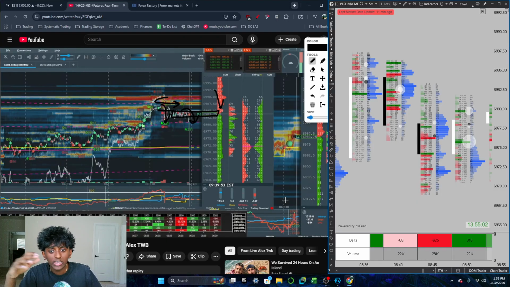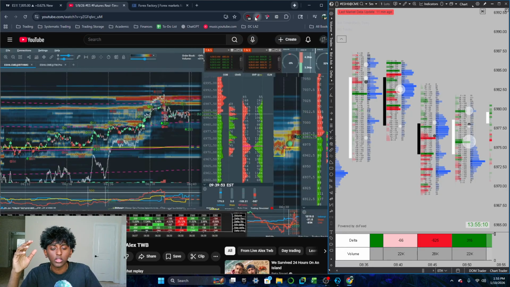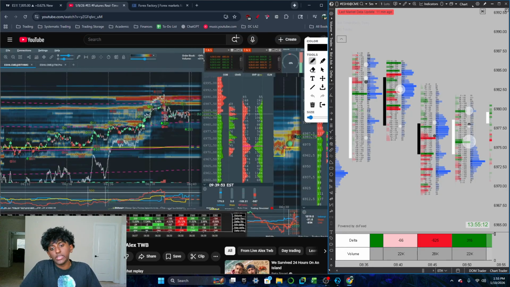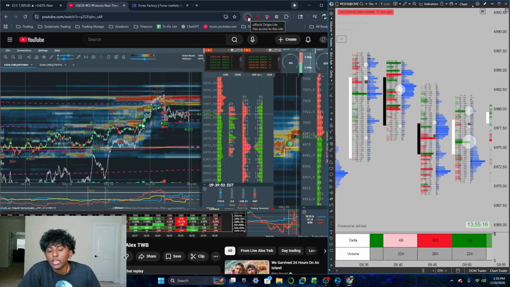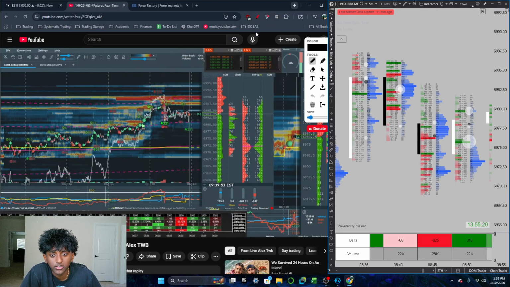Now, one thing that does kind of lead me away from this trade is simply the fact that we have so many buyer icebergs here, 1019, which is a lot of buyer icebergs. But again, in a discretionary trading strategy, sometimes you have to apply discretion.